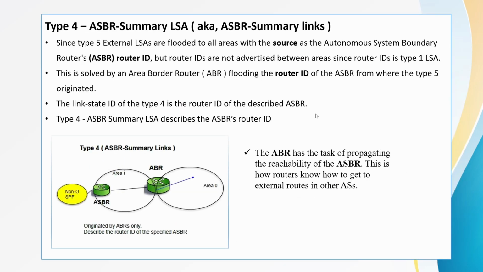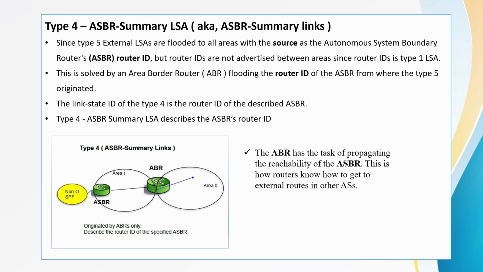Okay, so type 4. Type 4 name is ASBR summary LSA, also known as ASBR summary links. Type 4 concept is a little bit weird, and people are not clear about this.